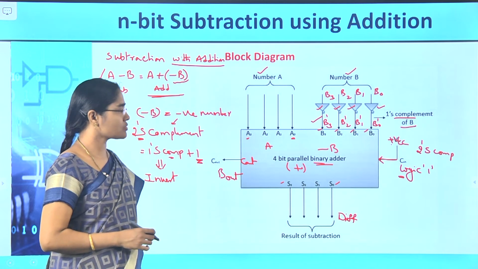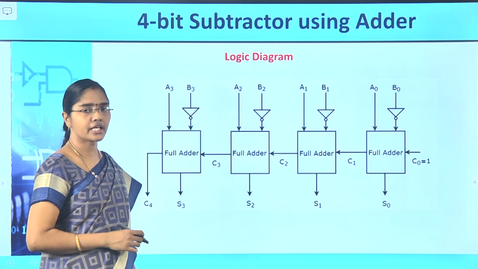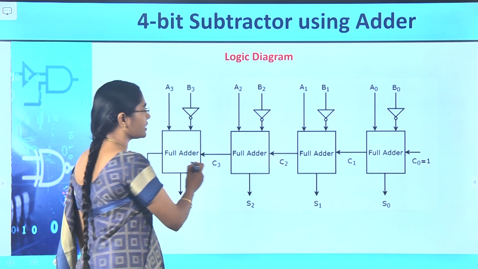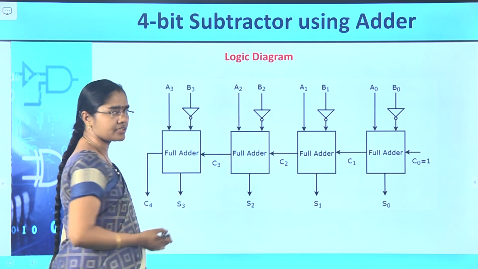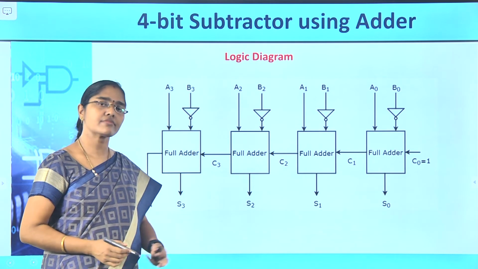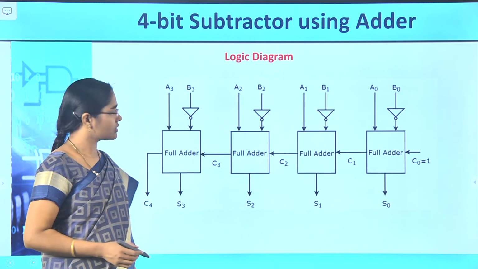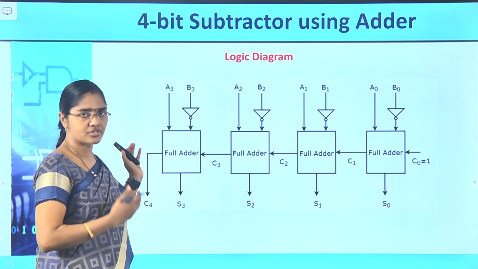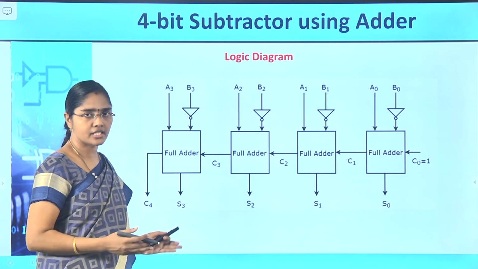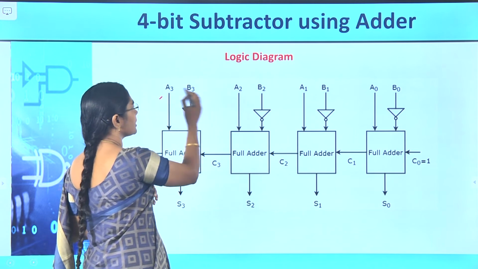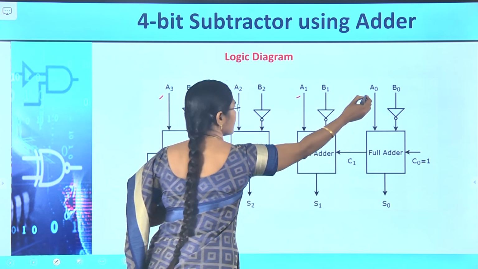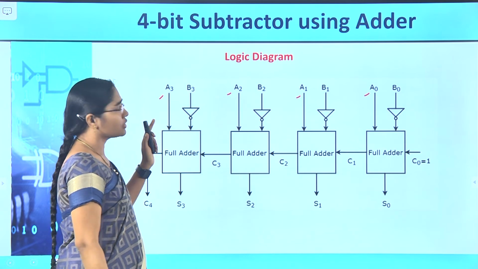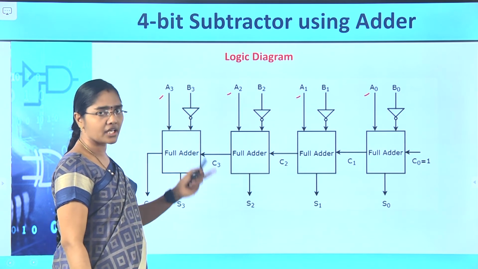If we replace this with a logic diagram, we have to take an n-bit parallel binary adder. That is simply the ripple carry adder, which we saw in the last lecture. A ripple carry adder consists of a chain of full adders in cascade, with two inputs A and B. To get the subtraction, B bar has to be applied.